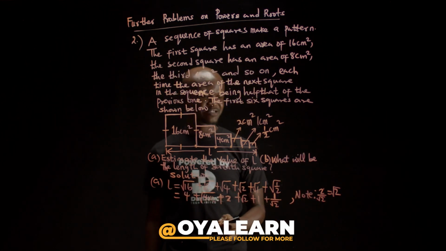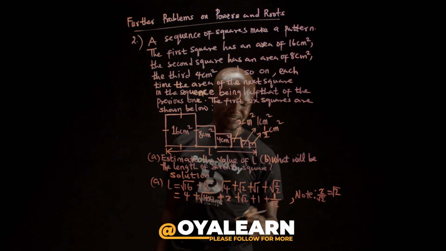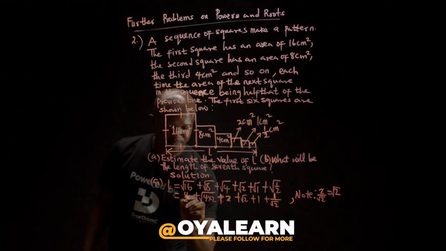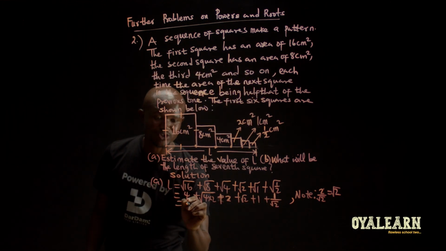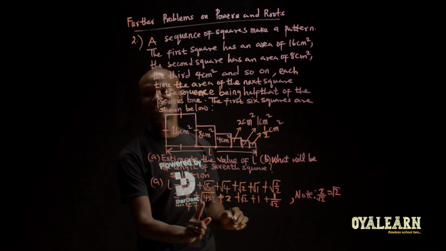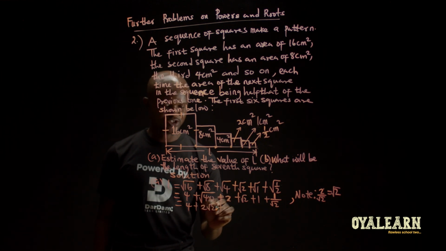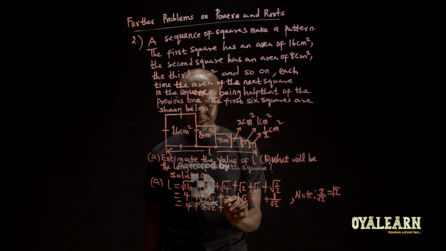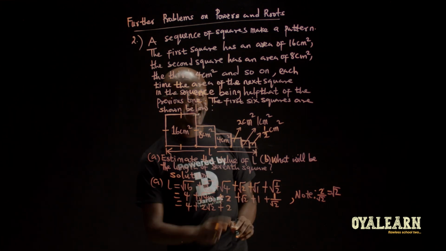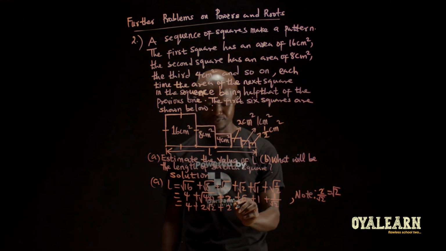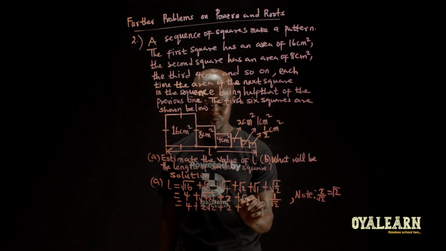So in this case, we can now write this as: we have 4, then finding the square root of 4, we have 2. So that will give us 2 root 2. Then plus 2. Then plus root 2 plus 1.